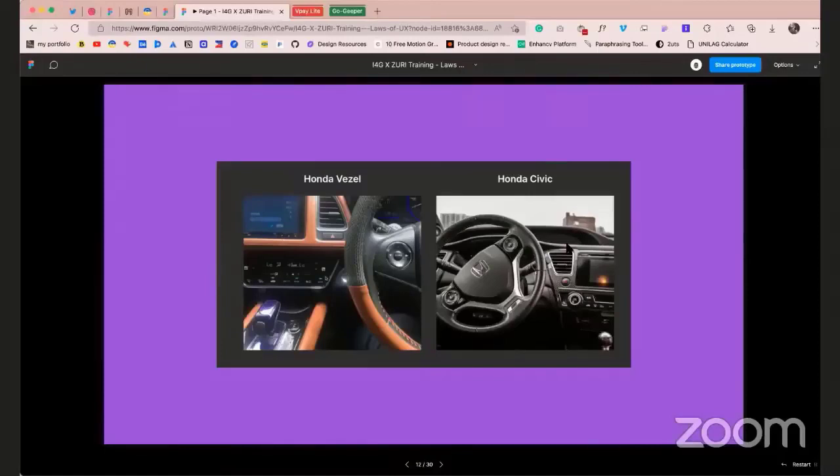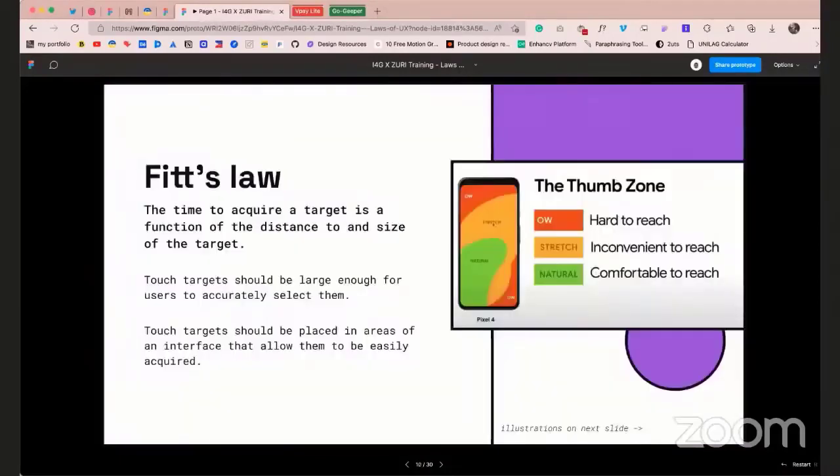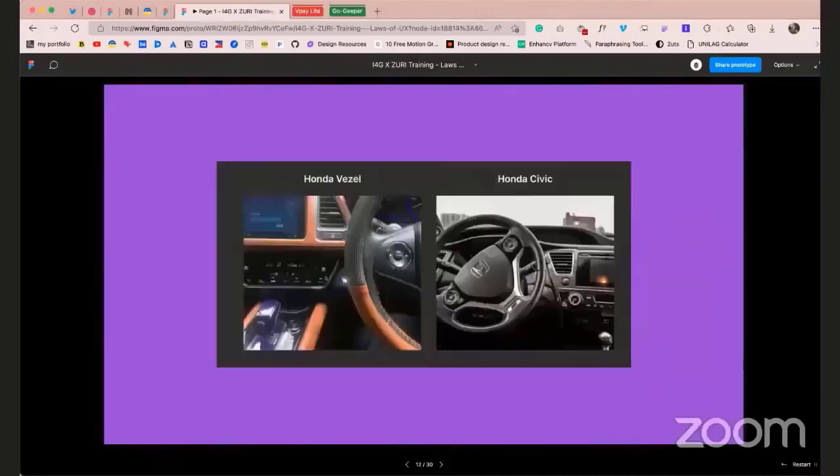So imagine you didn't have all of those buttons, and sometimes when you are driving, you need to see very well, so you turn down the volume of the music, right? Instead of you stretching and maybe you close your eyes and then the car hits you, it is on your steering wheel. So you can easily just touch it and reduce the volume. That explains Fitts' law very well.